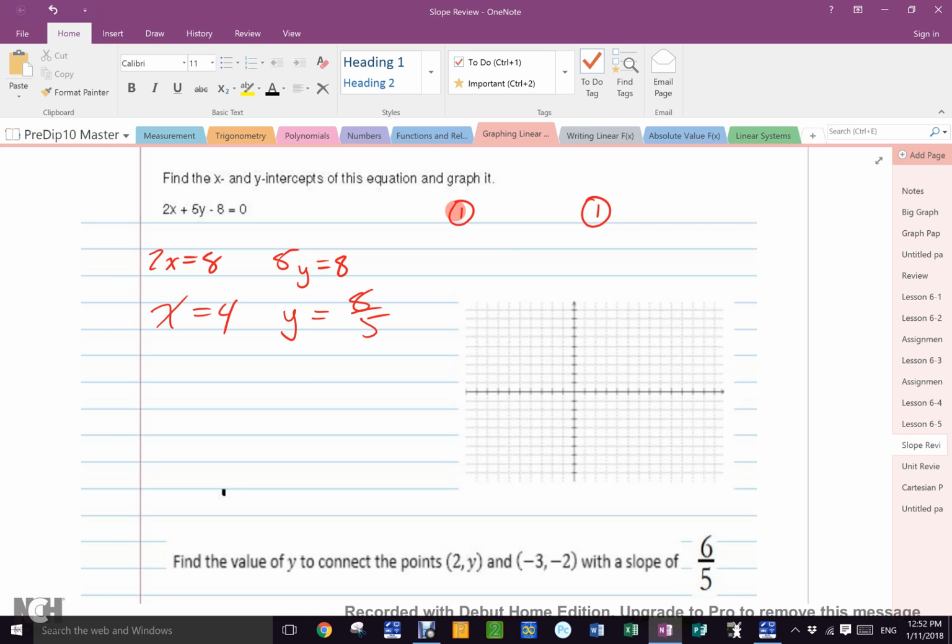Okay. Now, what about this makes it difficult to graph? The fraction. Who chooses how to graph? You do. So, if I were graphing this, I would go 1, 2, 3, 4, 5 and make that number 1.